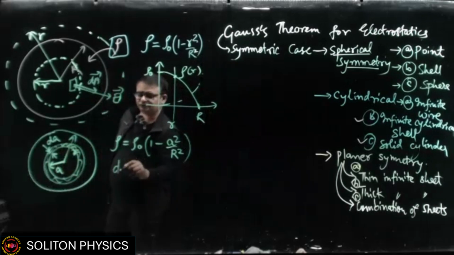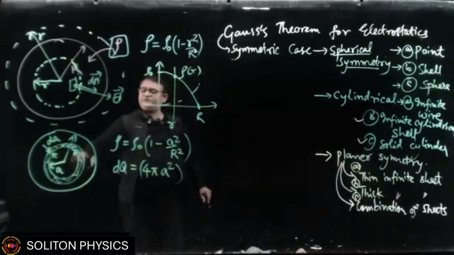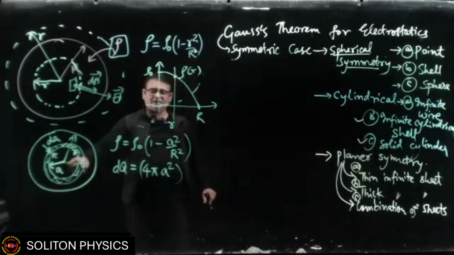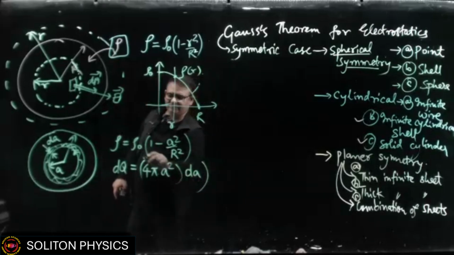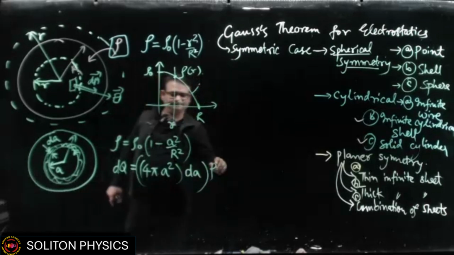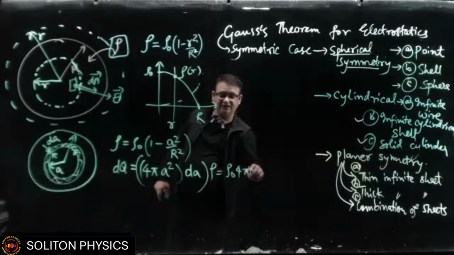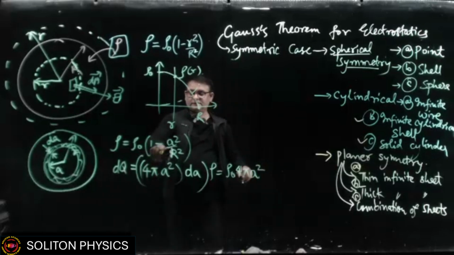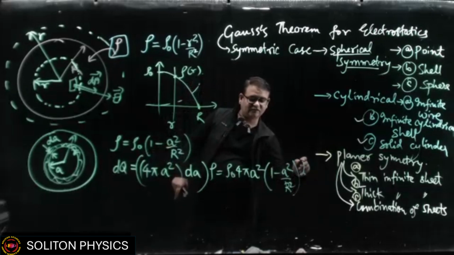So dq in this shell is 4 pi a square, the surface area of this shell of radius a, and it has a thickness da. This becomes the volume, and then I have to multiply with this rho. So I will write rho naught 4 pi a square (1 minus a square by R square) da.